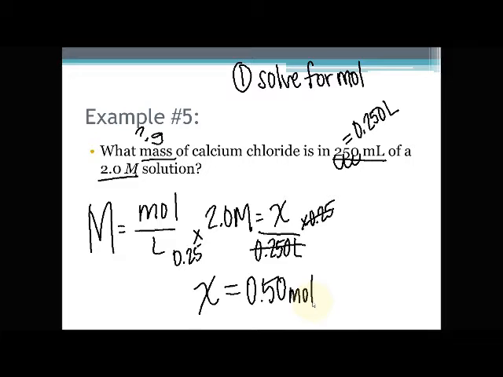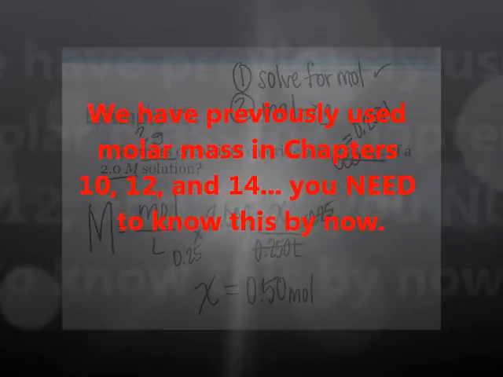We need the mass. So now, once we got step 1 taken care of, now we're going to go from moles to mass, to grams. So if you need to look at your mole map, you can. But what we're going to do is multiply by the molar mass of calcium chloride. So we need to know what the formula is first for calcium chloride.